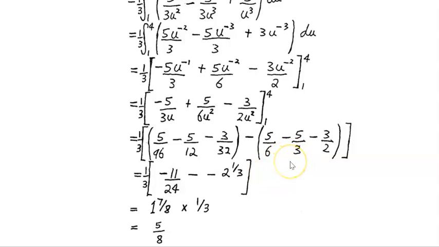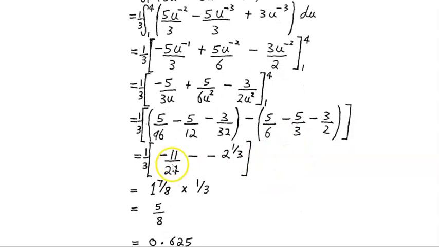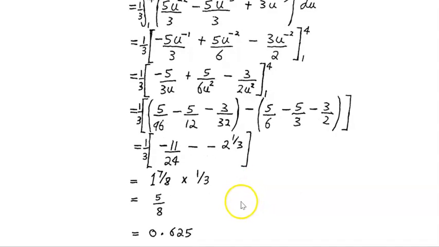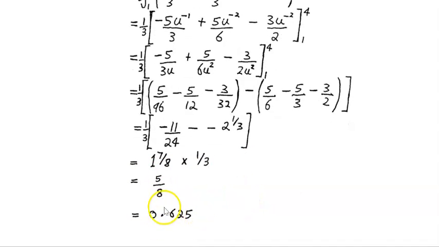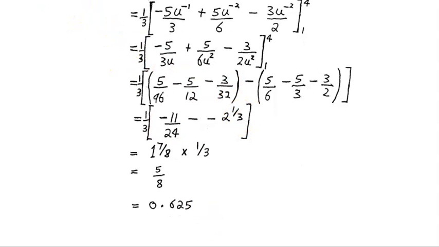Tidying that up all in one hit gives us minus 11 on 24 minus 2 1/3. Tidying that up again, we end up with 1 7/8 times the 1/3 out front, which gives us 5 on 8, or 0.625 if we want. All right, that's it.